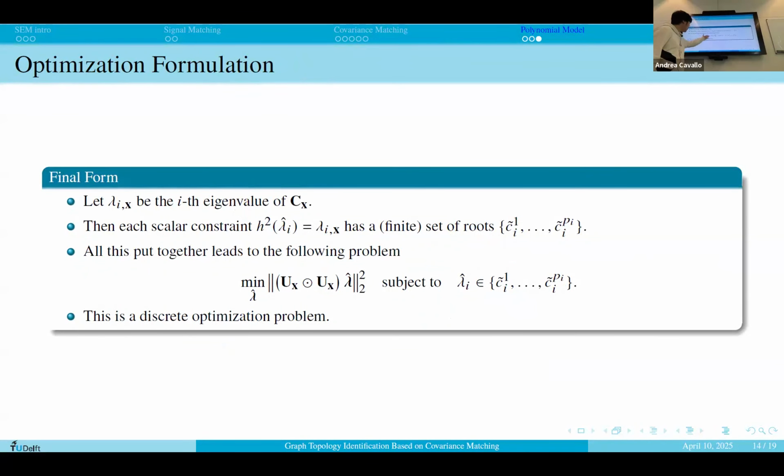And we get a very similar form. If lambda hat can only take two values, it's similar to binary quadratic programming, but now lambda hat can take several candidates. So this is a discrete optimization problem.